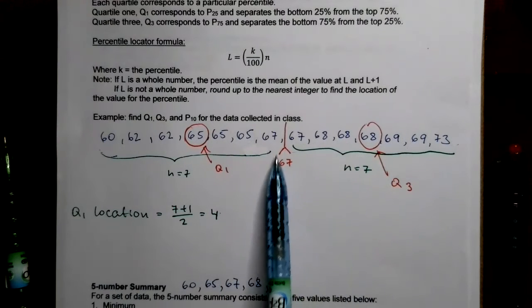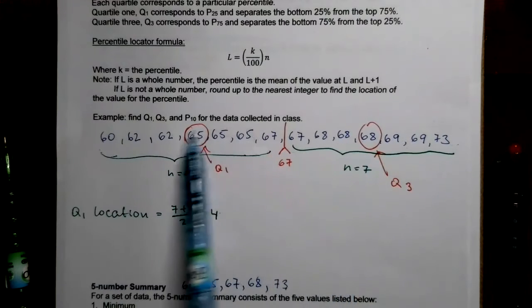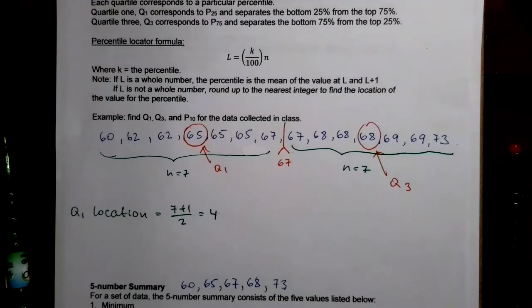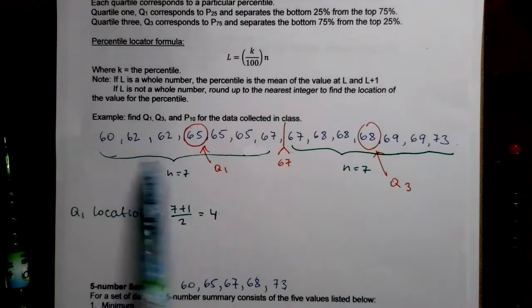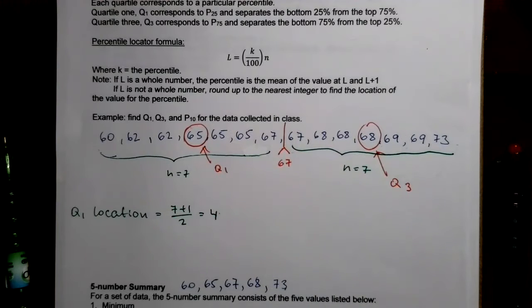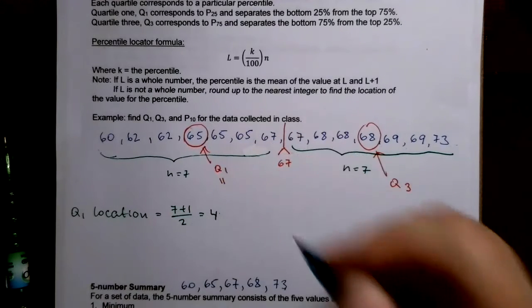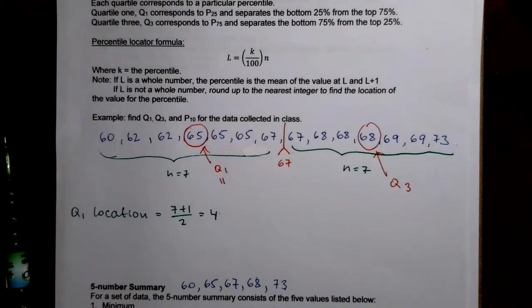For the median, we have 50% below, 50% above. For quartile 3, we have 75% below and 25% above. So basically we have 25, 25, 25, and 25. That's why they're called quartiles. The median could be called quartile 2 as well. And in the future, we're going to be talking about percentiles.